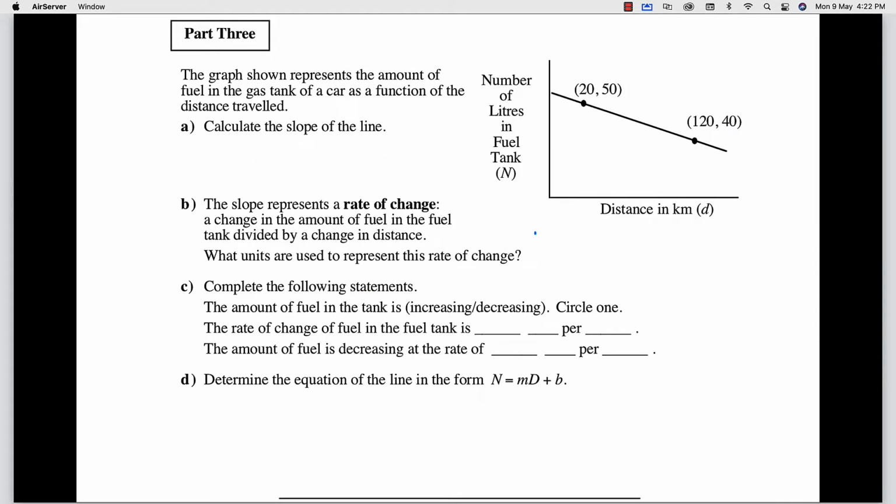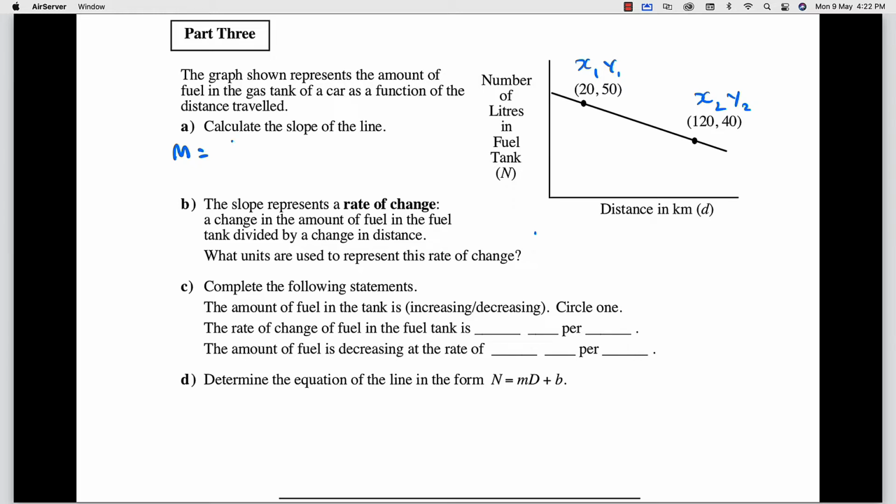All right, let's take a look at part 3. It tells us we've got a graph that's representing the amount of fuel left in the car's gas tank after it's traveled a certain amount of distance. So calculate the slope of the line. Well, we know that's m equals y2 minus y1 all over x2 minus x1. So I'm going to label these 2 points as x1 and y1 and x2 and y2, and then I'm just going to substitute those values in for the variables.